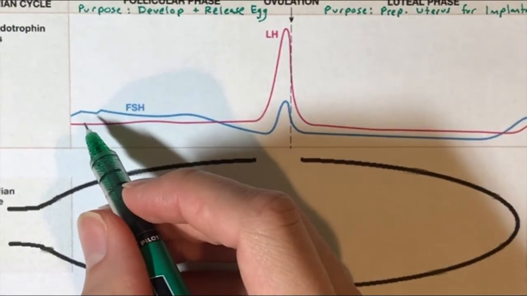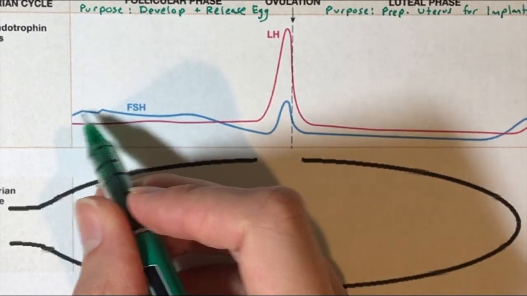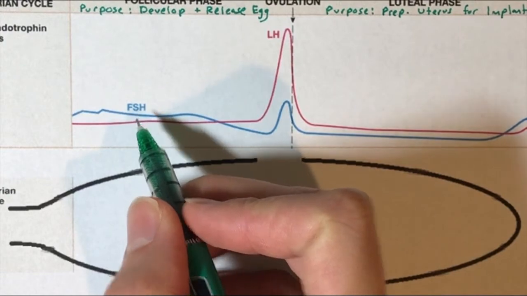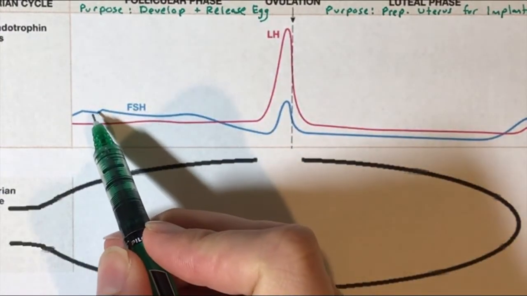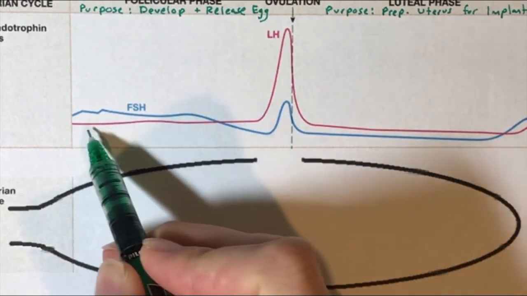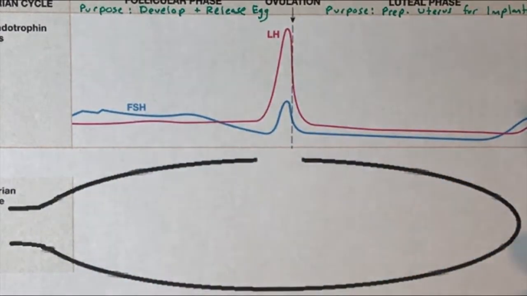So starting from day 0, something that we can notice here is that there's a higher concentration of this hormone called FSH. That stands for follicle stimulating hormone. This FSH hormone is in higher concentration than this hormone here, which is LH. LH stands for luteinizing hormone.